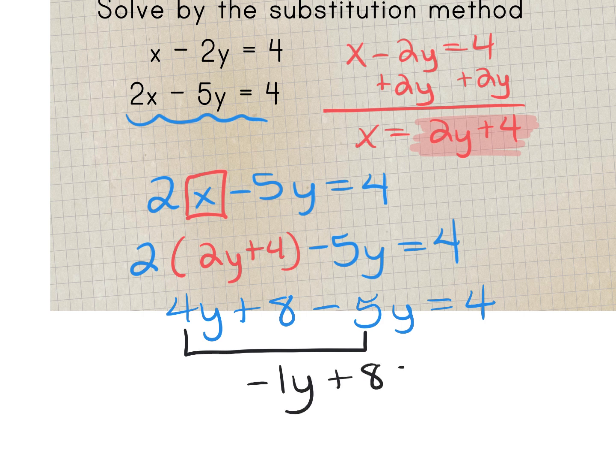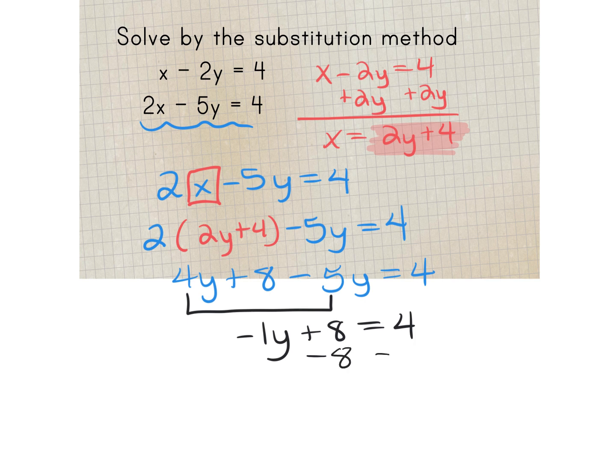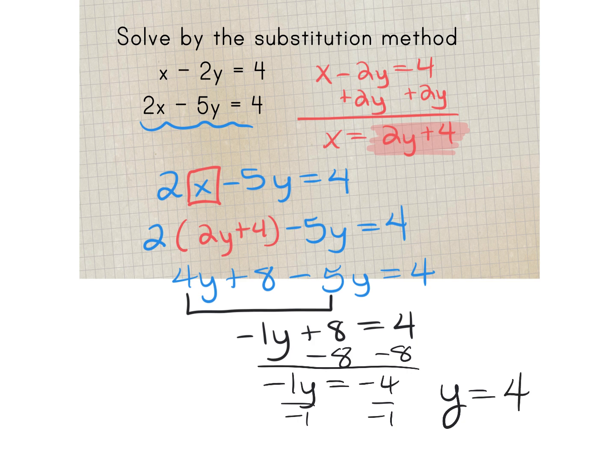Drop down the plus 8 and the equals 4. I now need to subtract 8 from both sides. -1y equals -4. Divide both sides by -1 and y equals positive 4.